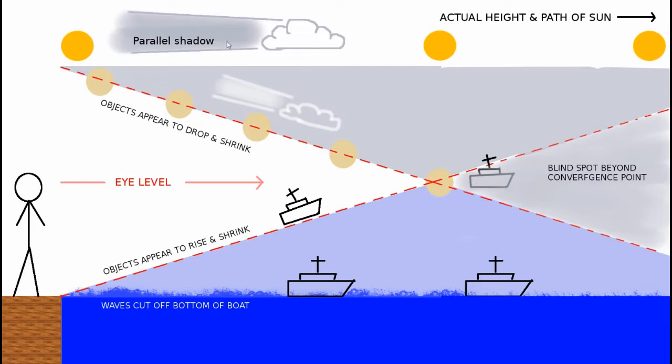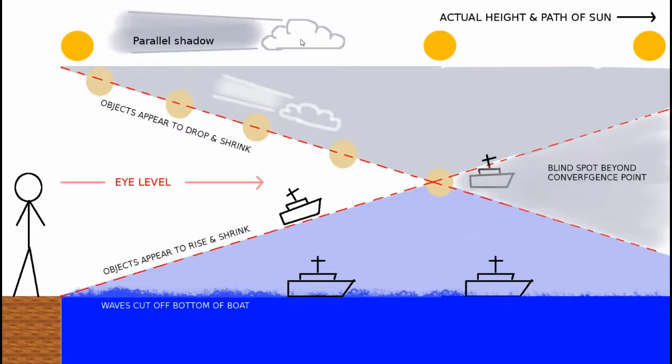Let's just start at the top here, and first we have the sun here and represented getting further away from us here and here, and this is representing the actual height and path of the sun. So above the flat Earth, the sun is said to maintain a fairly constant altitude above the Earth as it does its circle, and this is what would actually be happening with the sun.